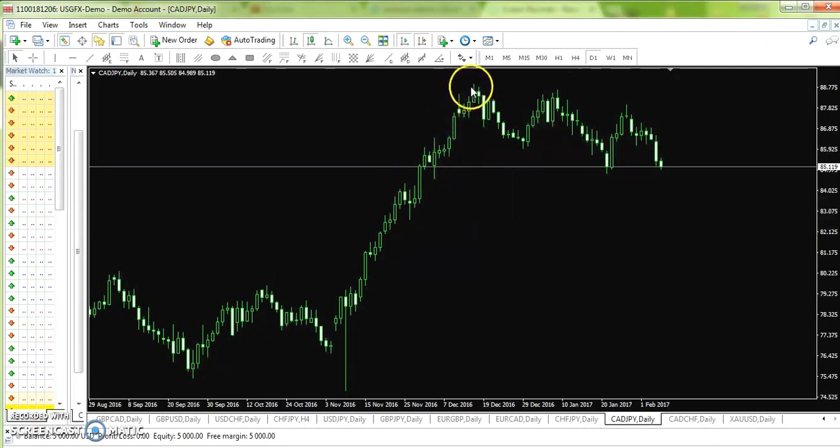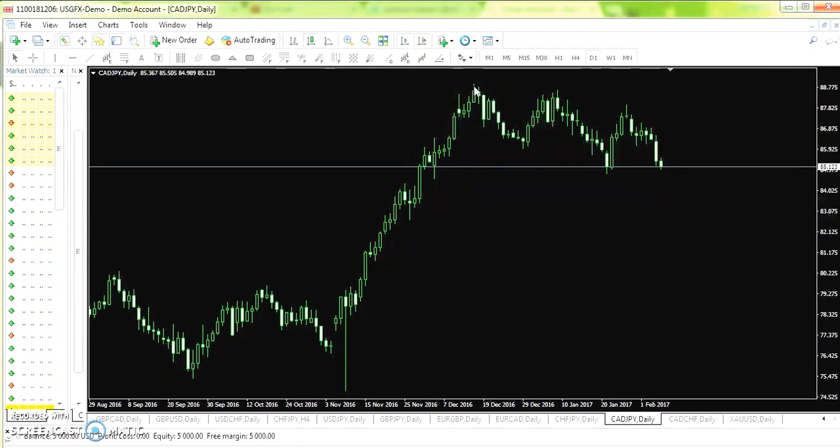And from December 2016 onward, there was a bit of compression and selling pressure. We don't know exactly whether it is compression or the market is in a sell view and the previous bull trend, buying trend, has come to an end.